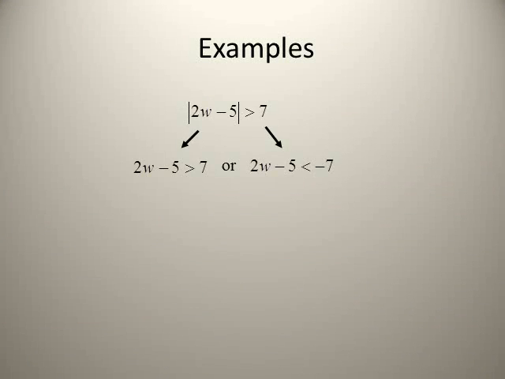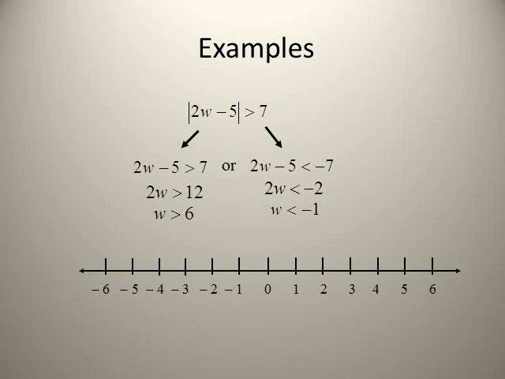2w minus absolute 2w minus 5 greater than 7. That means we have two conditions, maybe 2w minus 5 greater than 7 or less than negative 7. Solve the two inequalities. That means 2w greater than 12, then w greater than 6, or 2w less than negative 2.